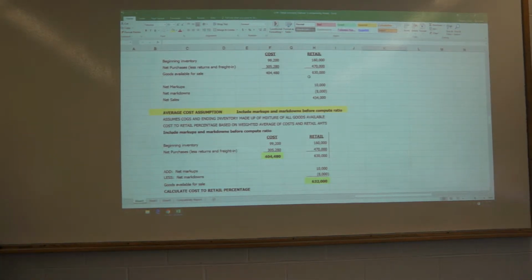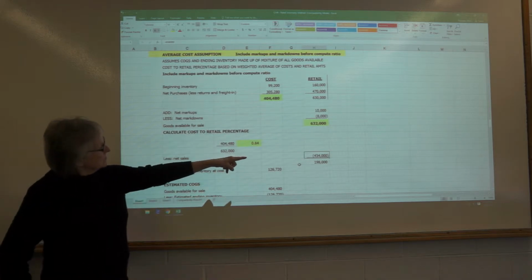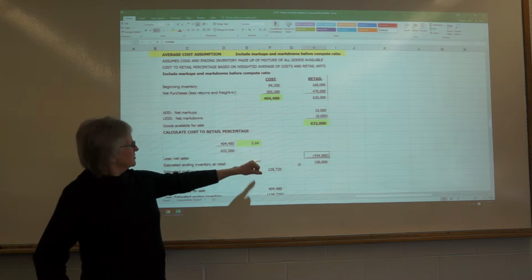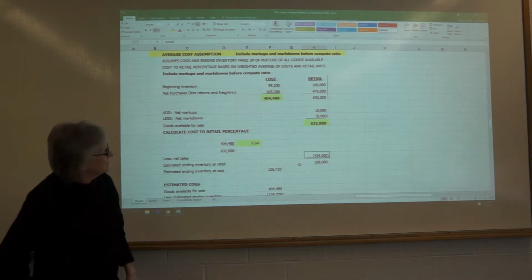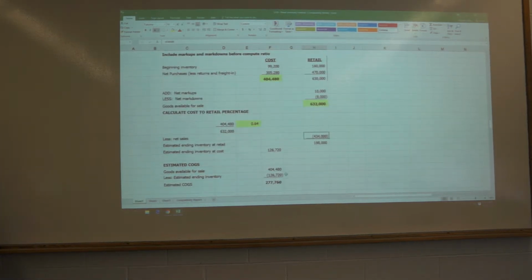And so when you follow that down and you take off your sales of 434, you've got your ending inventory at retail times 60.64, which gives you your ending inventory at cost. And so you can arrive at your estimated cost of goods sold: you take your goods available, less your ending inventory, which gives your cost of goods sold.